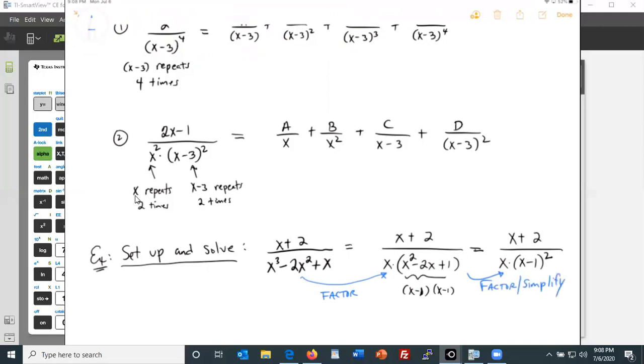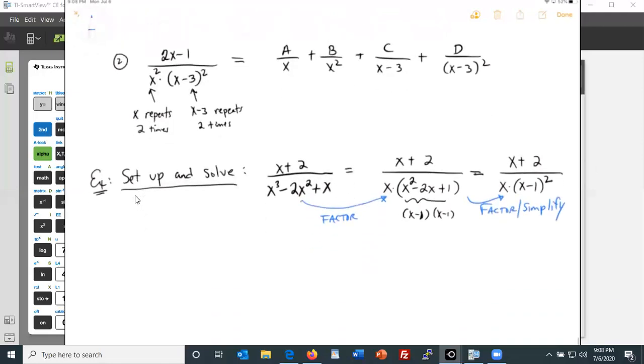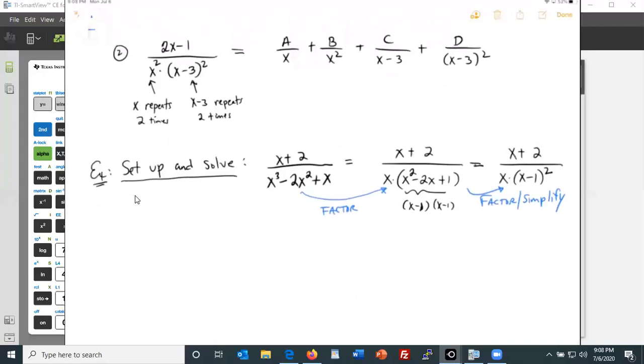Okay, so that's what we're doing there. We're just factoring and simplifying. We haven't even set it up yet. So step number 1, let's set up. So we would have (x + 2) over x times (x - 1) squared. So if we look at our denominator, we have x with no exponent. So x doesn't repeat, but (x - 1) squared is repeating, right?